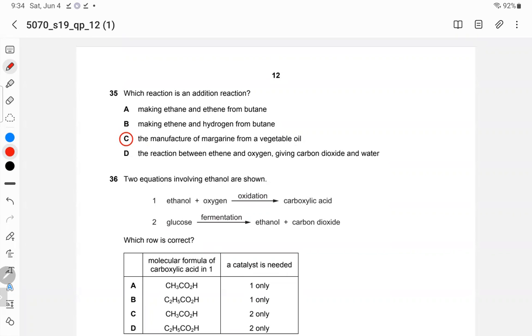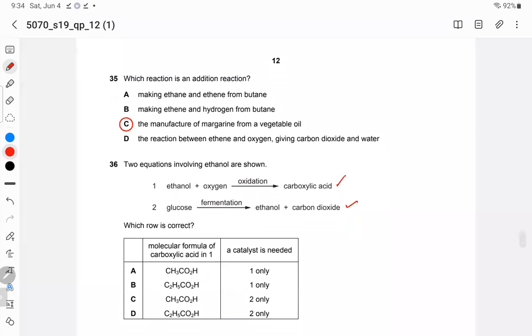Now question number 36. Two equations involving ethanol are shown. Ethanol, when it reacts with oxygen, oxidation occurs and a carboxylic acid forms. When glucose undergoes fermentation, ethanol is formed with carbon dioxide.